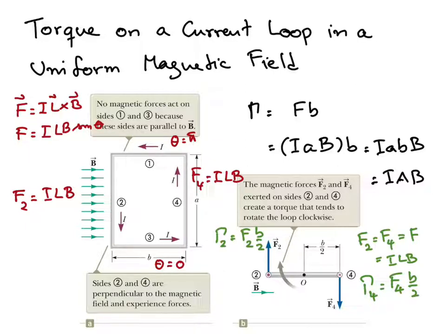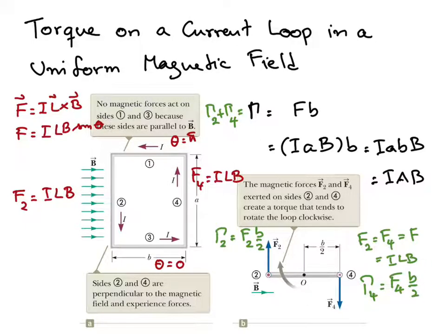So the net torque, the total torque, is the sum of torque gamma 2 and gamma 4. When we sum these two terms, F b/2 plus F b/2, we get F b, where F is equal to ILB.